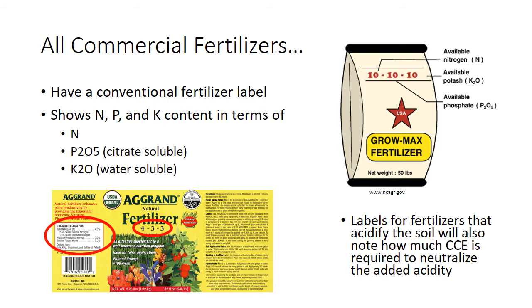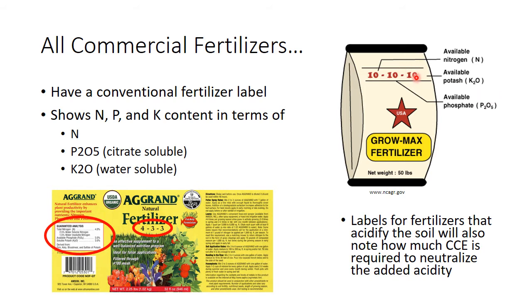Commercial fertilizers are always labeled with a 3-number label. So in this case, we have 10% nitrogen, 10% phosphorus as phosphate, or P2O5, even though that's not the correct version of phosphate. It's still, by convention, how they label phosphorus in our fertilizers.